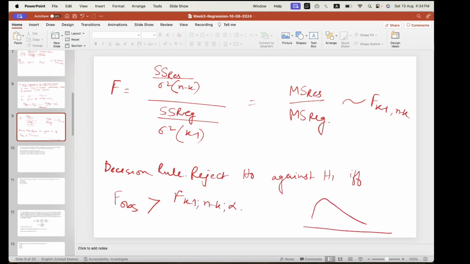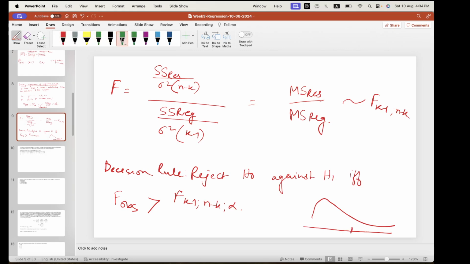If this is your F distribution, then this point here in green is your F k minus 1 n minus k alpha, such that the area above this point is actually alpha.